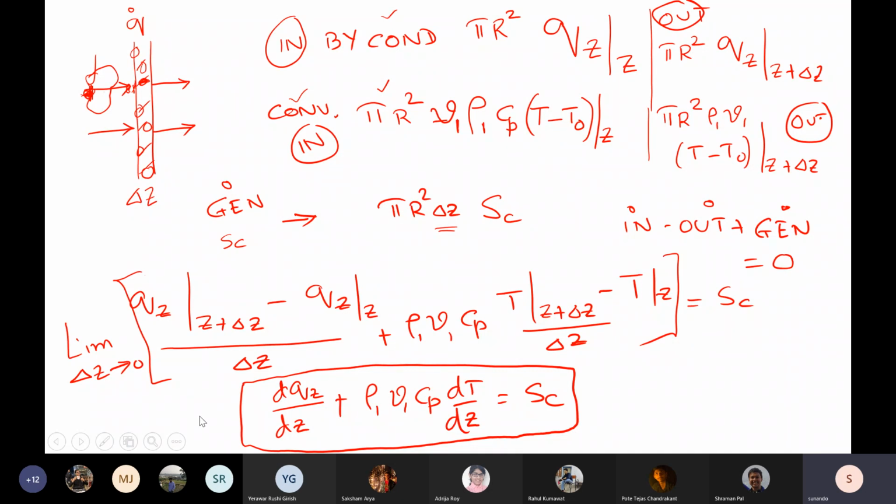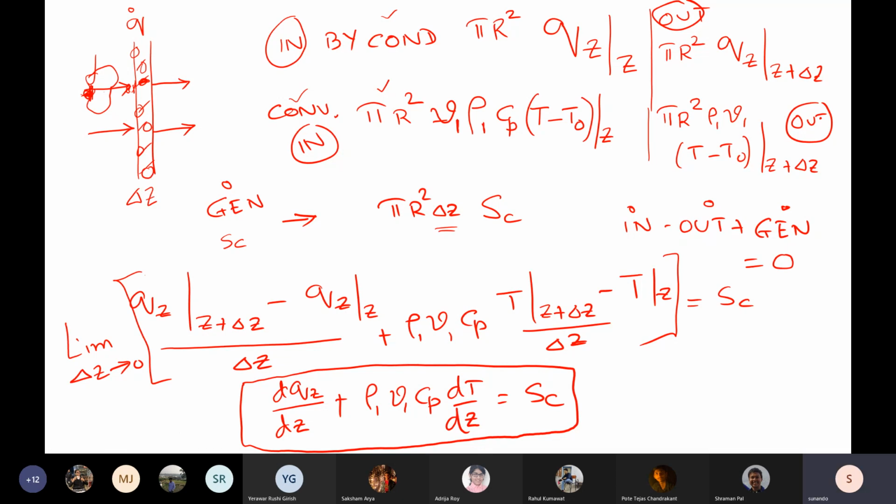So when you take delta Z to tend to 0, what are we referring to? Are we referring to the region which is going to consist only of the particle, or which is going to consist of an interstitial gap through which the fluid is flowing? Okay, so that is the problem when you take this limit delta Z tends to 0, when it becomes very thin.